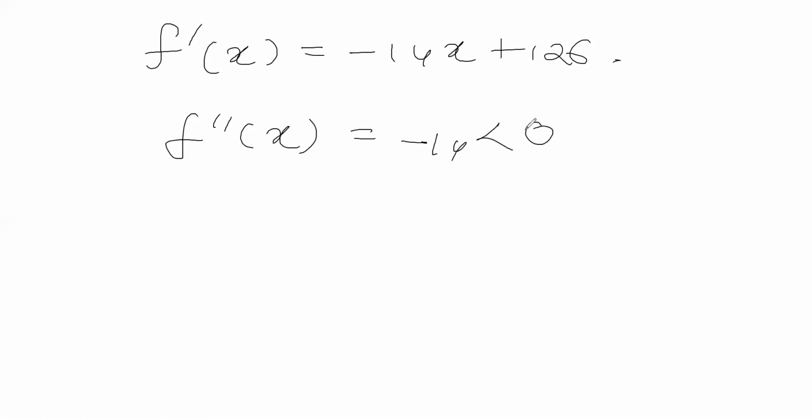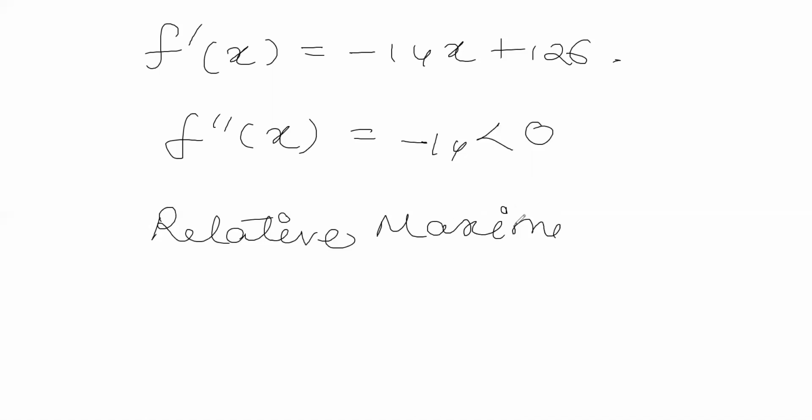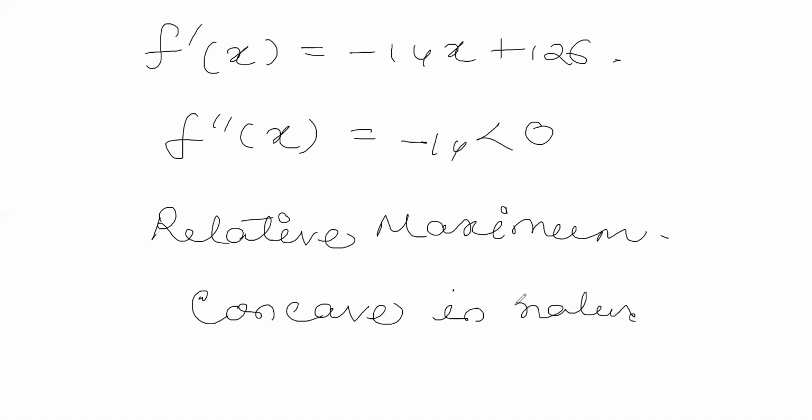Okay, so automatically, if the second order derivative is less than 0, that means the function is at its relative maximum, first of all. And if it is at its relative maximum, that means it is concave in nature and shape.